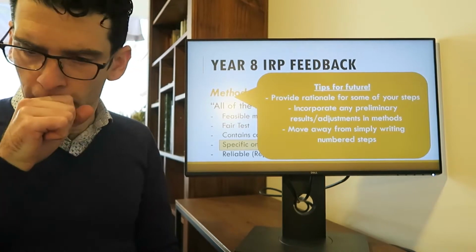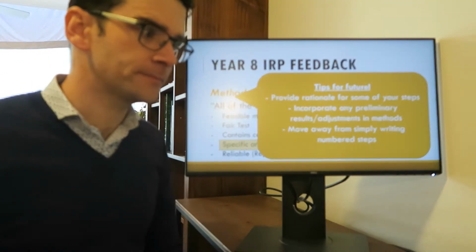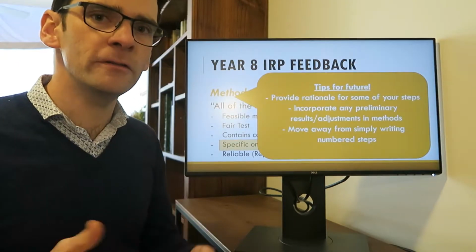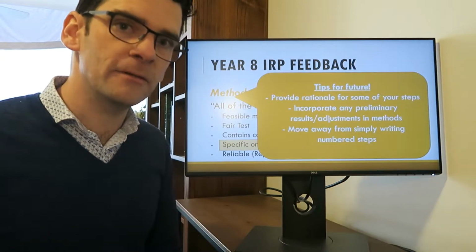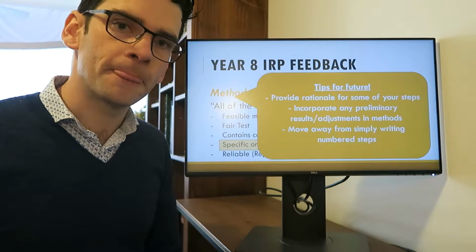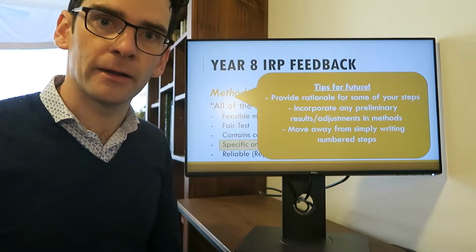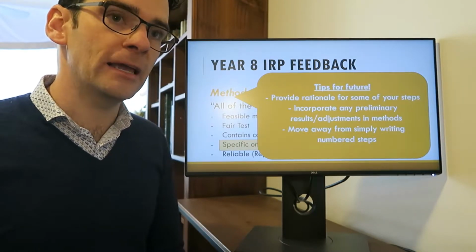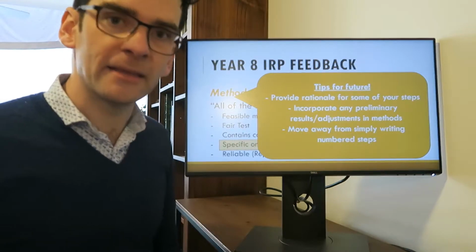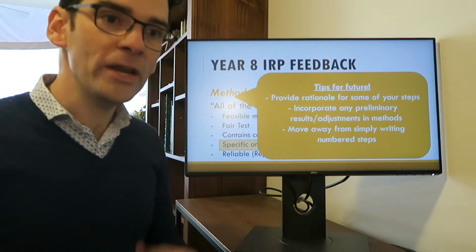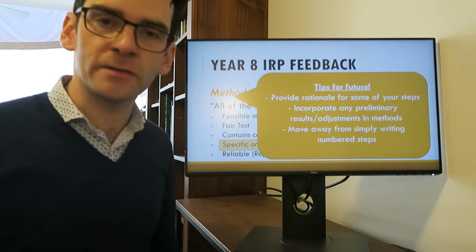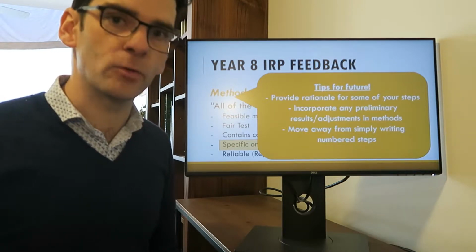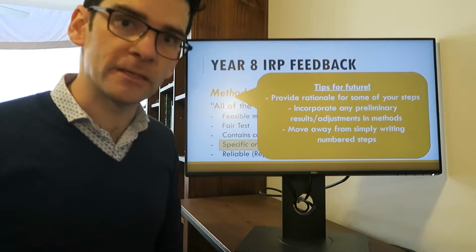Now, just for some tips for the future. I've alluded to this just now, but sometimes some of our methods need a bit more explaining or rationale. For example, if we use cotton wool instead of soil, we know that's because we didn't want the type of soil or the nutrients in the soil to impact our results, and therefore it was more of a standardized medium for seeds to grow in.